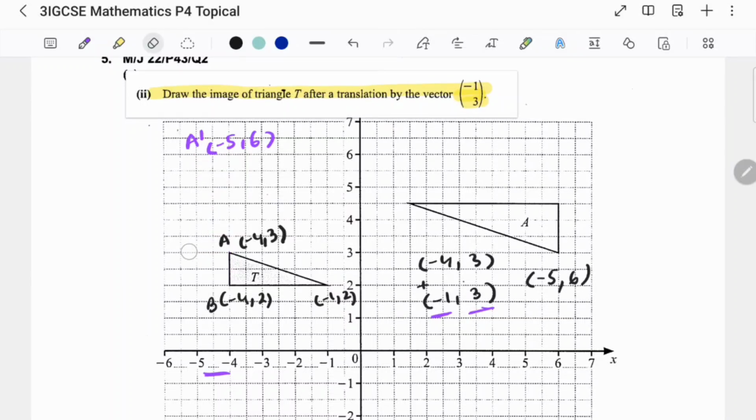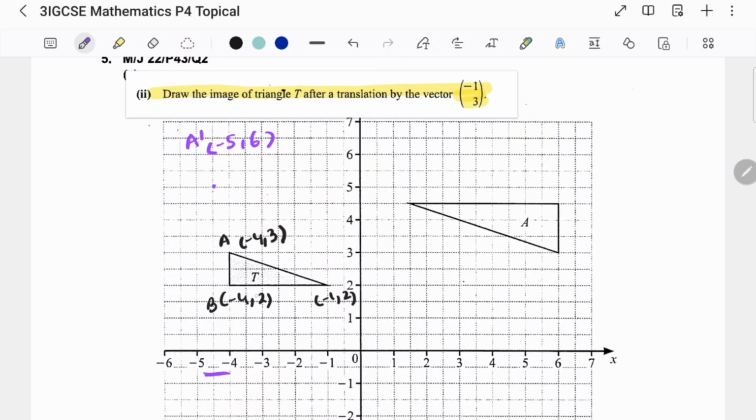So I'm moving all of them, and you can find the image by adding as well. The next point is -4 and 2. Now I can see every point will have the same translation vector. It's not that every point moves with a different translation vector.